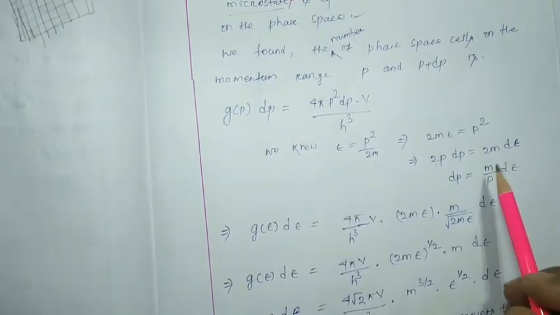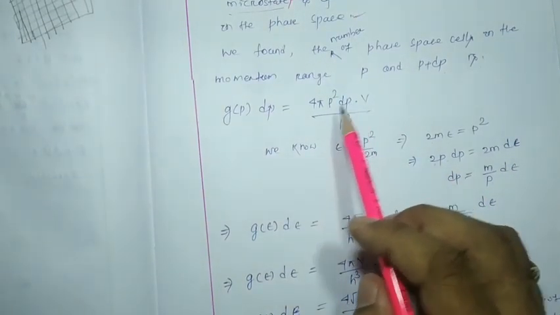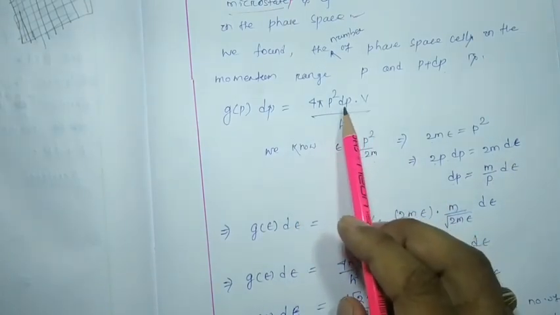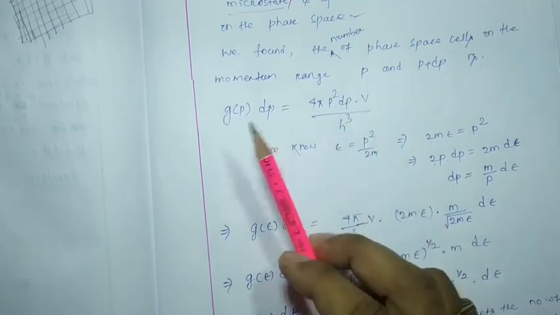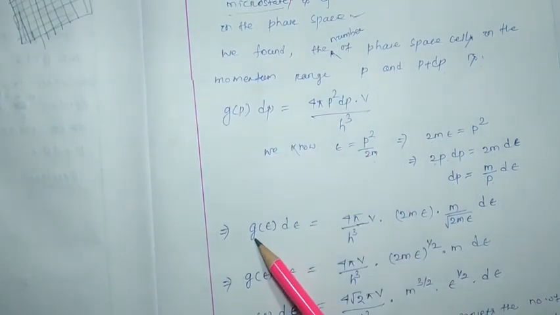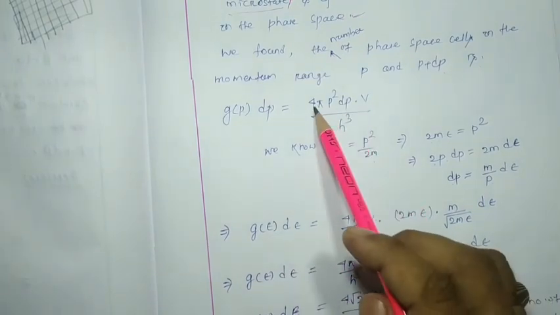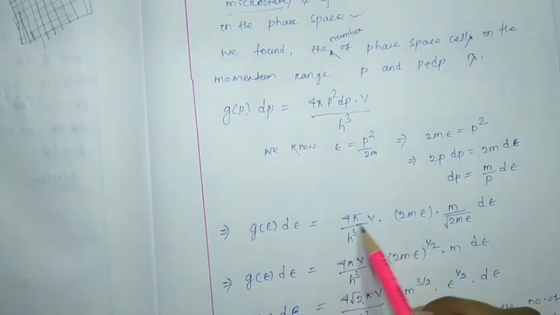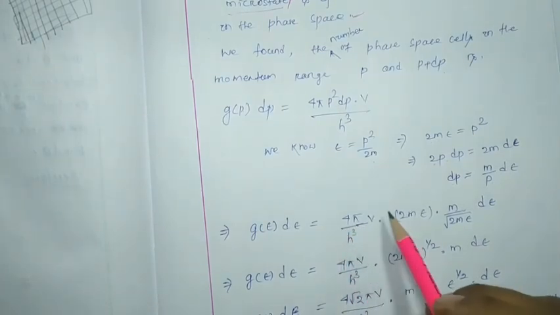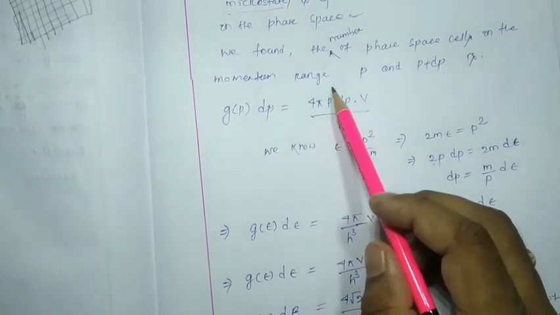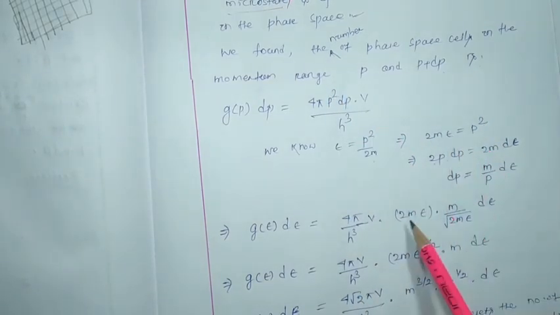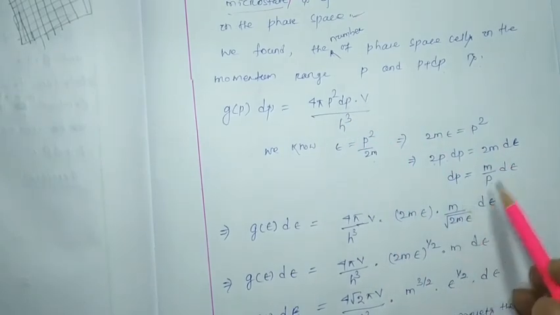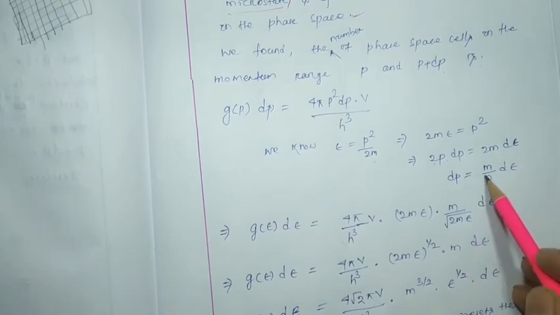Now we have to substitute the value of P square and dP in the expression of energy. So the left hand side will be G(epsilon) d epsilon, equal to 4 pi V by h cube, which is the constant, into P square, which is nothing but 2m epsilon, into dP, which is nothing but m by P d epsilon.